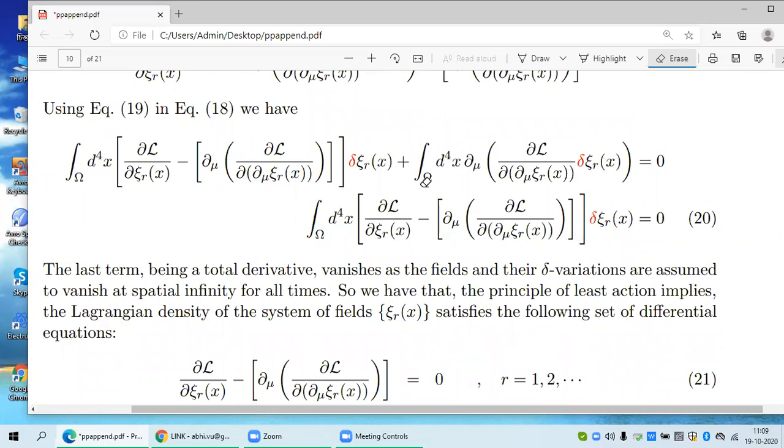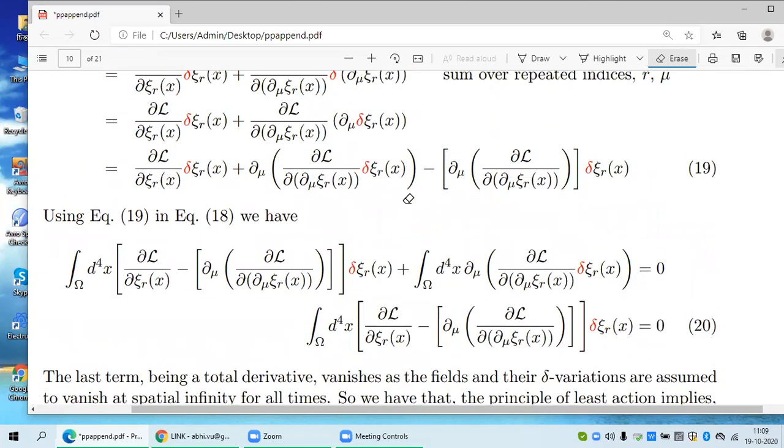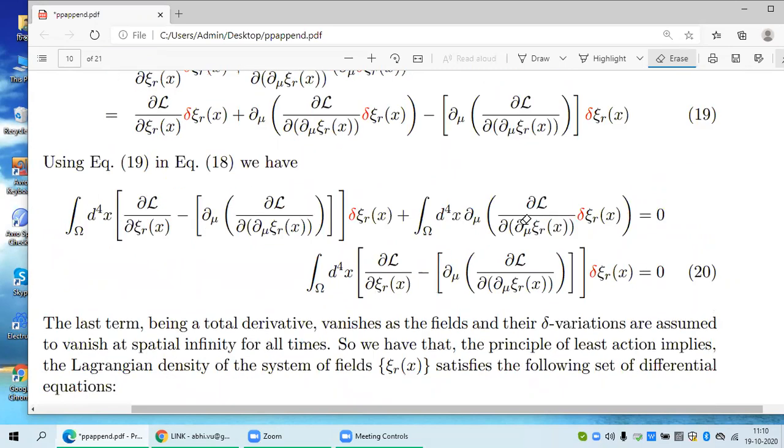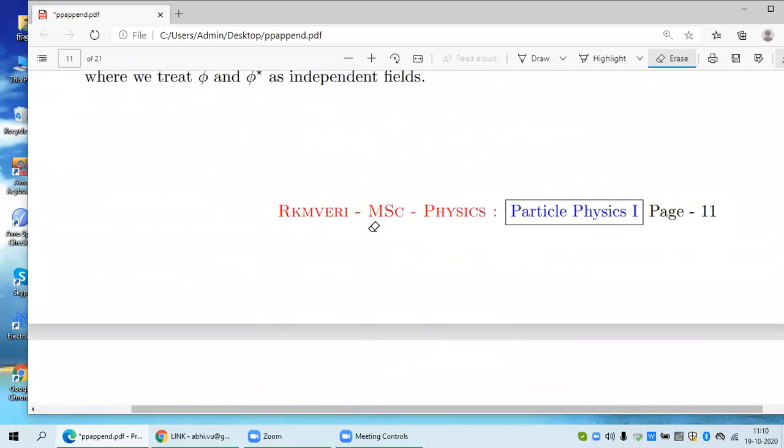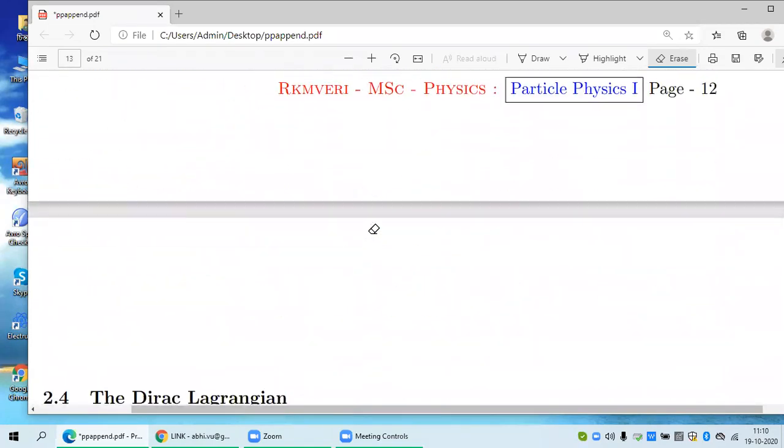On that surface, this delta variation is 0. If you consider the surface to be at infinity, fields are always taken to be 0 at infinity. In any way, this is 0. So a total derivative term in the Lagrangian will not contribute to the equations of motion. The equations of motion come only from these first two terms. Is it clear?